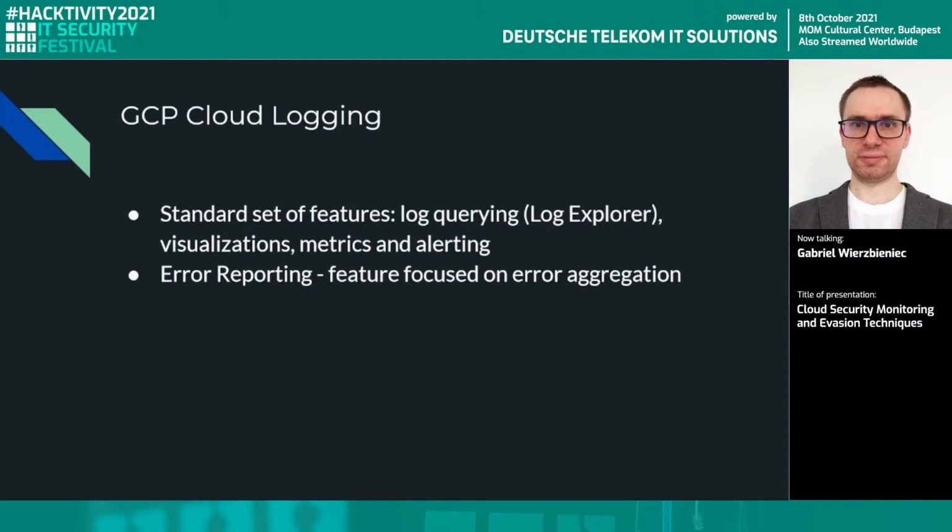That's a feature especially focused on error aggregations. For sure, very useful for developers or DevOps teams trying to figure out what's going wrong. And it integrates with BigQuery, so that's also cool.